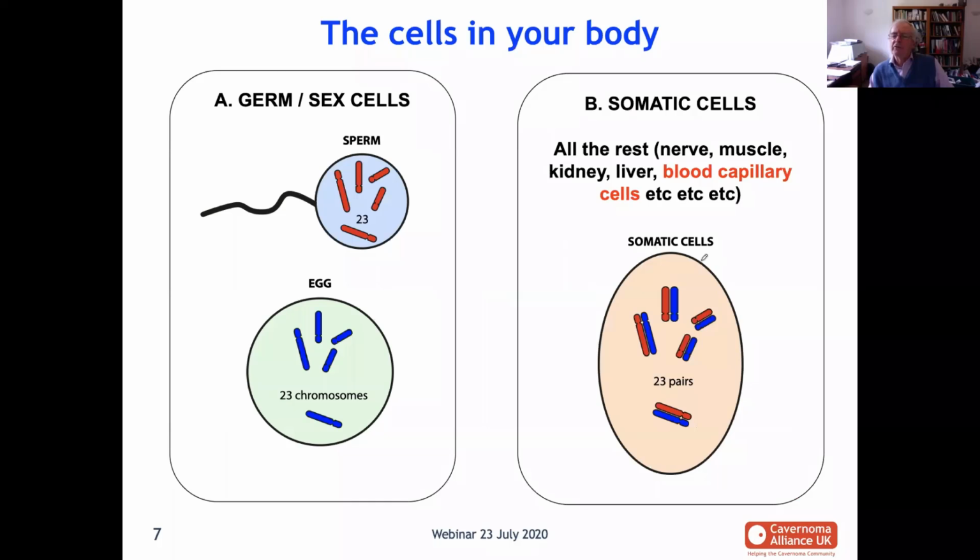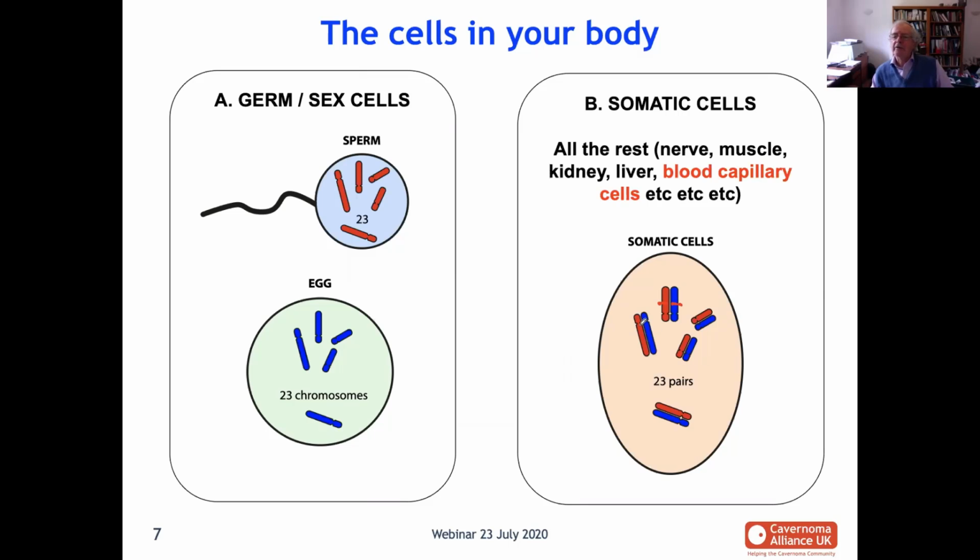Let us suppose this is a blood capillary cell. Neither of these chromosomes has an abnormal gene on it. You get one hit, here it is, you get another hit, here it is, you get a Cavernoma. That stays within this cell, it doesn't go anywhere else.